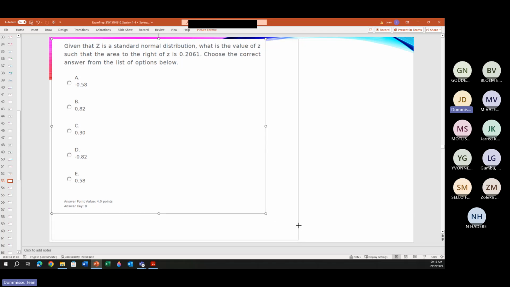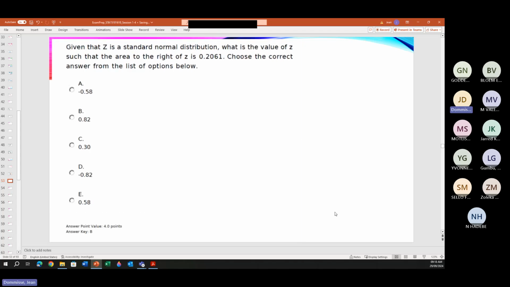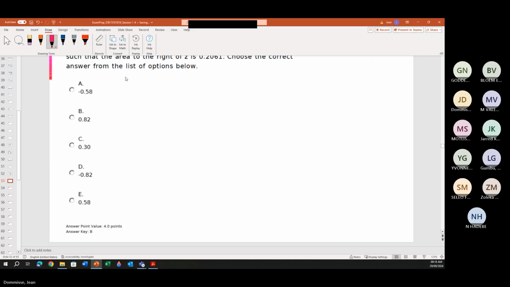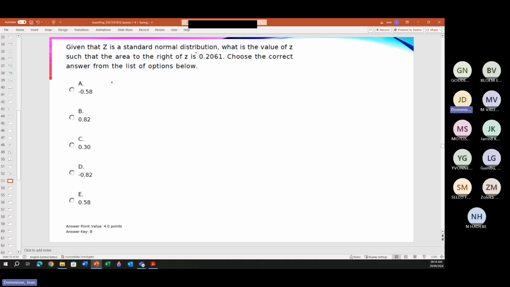Okay, so let's continue. Let's see what is in this one. Given that Z is standard normal distribution, what is the value of Z such that the area to the right of Z is 0.2061? Choose a correct answer from a list of options below.